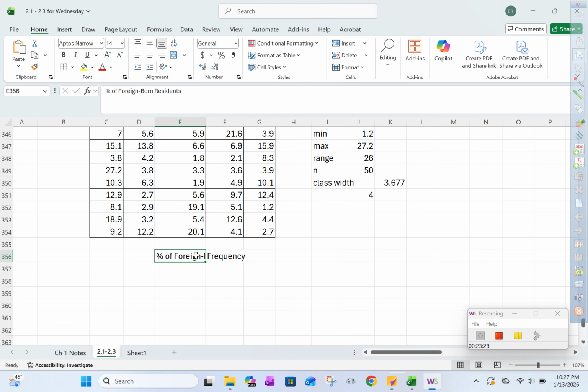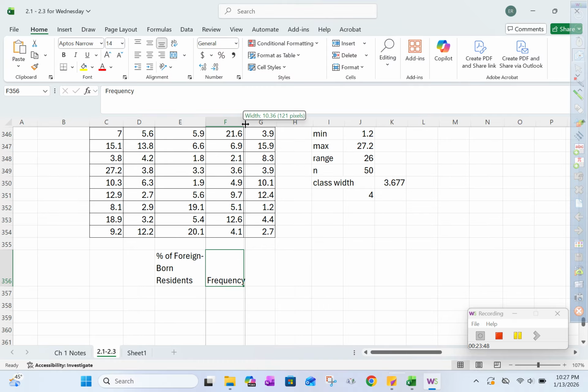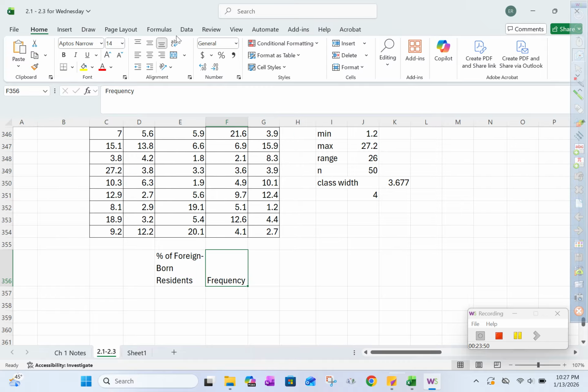It's just for our own use here. But if that bothers you, go ahead and click on it. And if you go up to the top here, this wrap text will make that auto adjust so it fits. Okay, so if you want it not to hang over into the next one, you can adjust your column width up here, or you can hit wrap text up at the top.